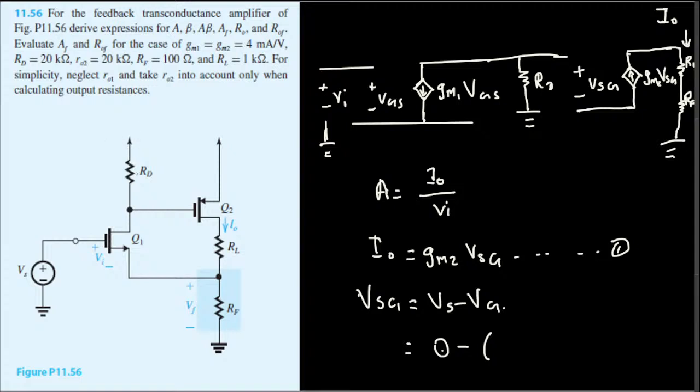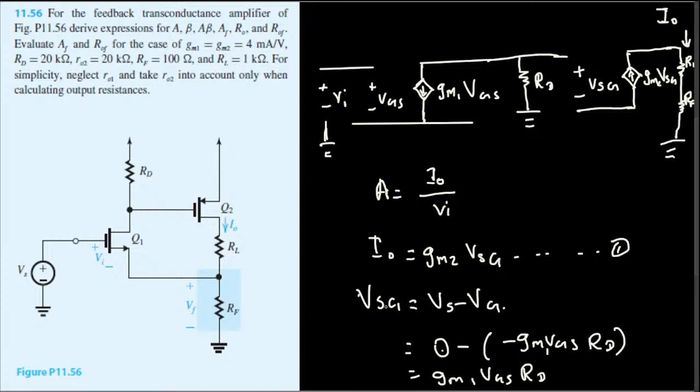That should be negative because it's in the opposite direction of the NMOS, so it is negative GM1 VGS times RD. Negative negative turns into positive, so VSG becomes GM1 VGS times RD.